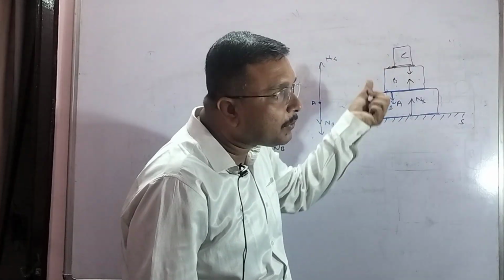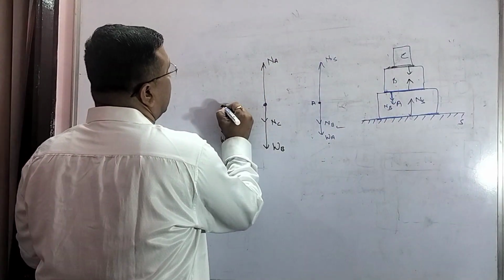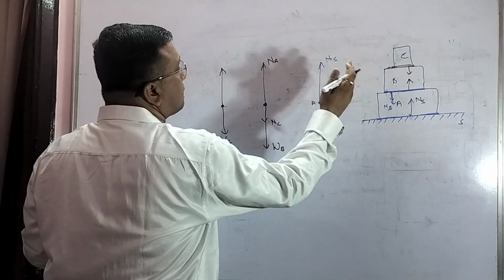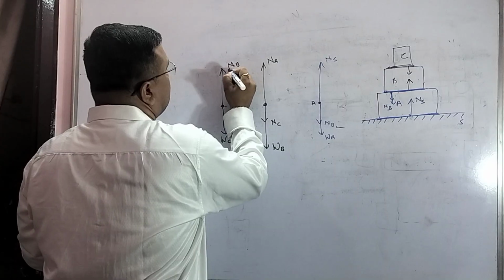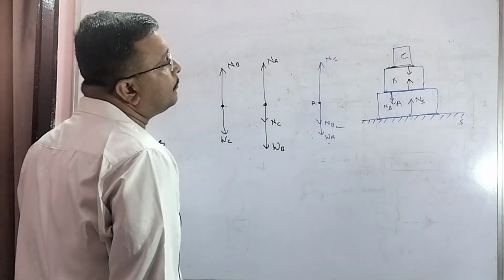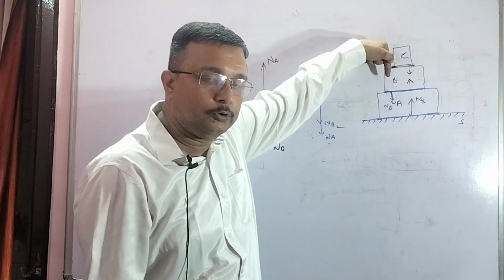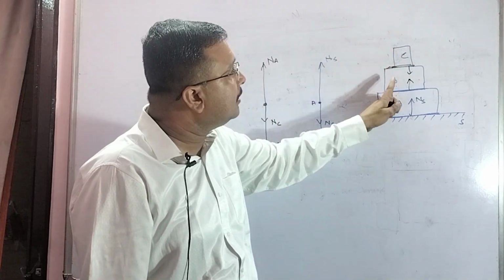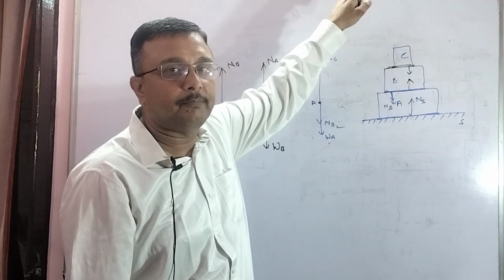So this will be applied in upward direction. So what will be here? NB, NB in the upward direction. On C there will be two forces only. One due to weight in downward direction and one normal reaction due to B in upward direction.